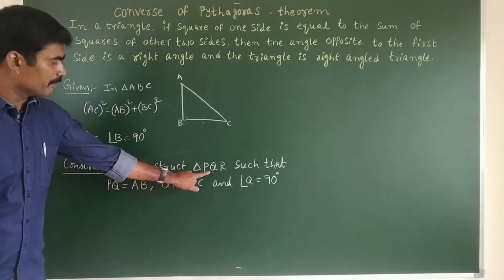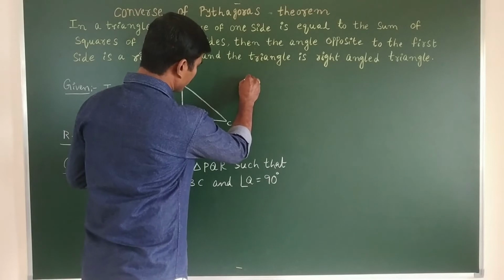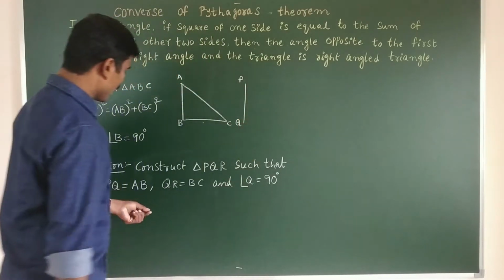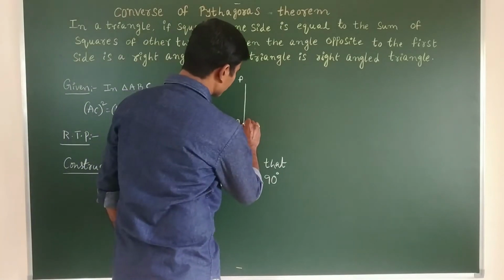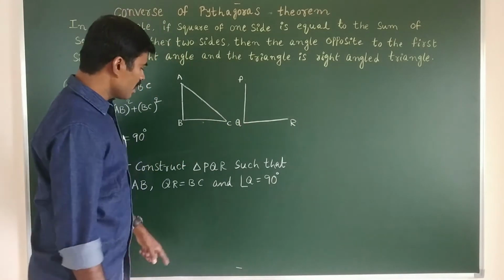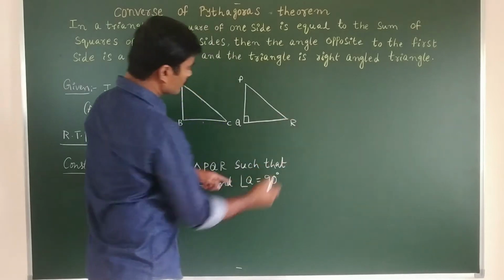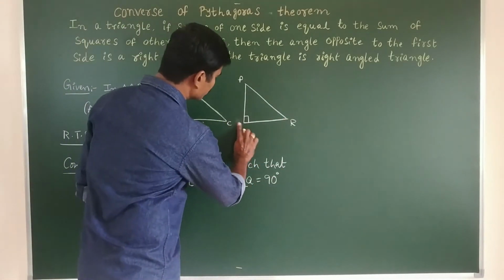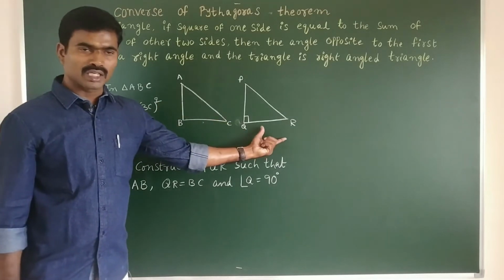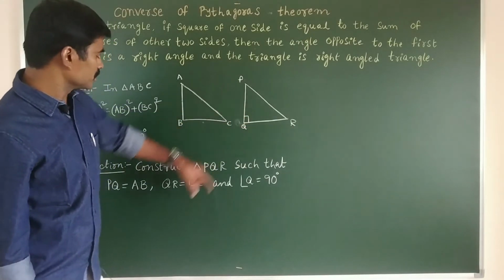We have to construct a triangle PQR such that PQ is equal to AB, so PQ length should be equal to AB length, and QR length should be equal to BC length, and angle Q is equal to 90 degrees. This is the required construction.